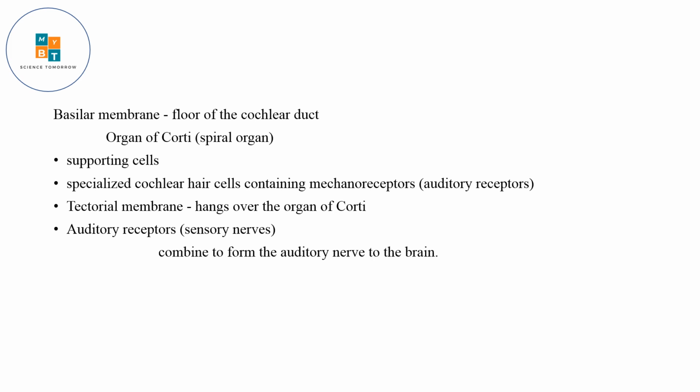Above the basilar membrane and the organ of Corti you have the tectorial membrane. The cells starting with the auditory receptors combine to form the auditory nerve to the brain.